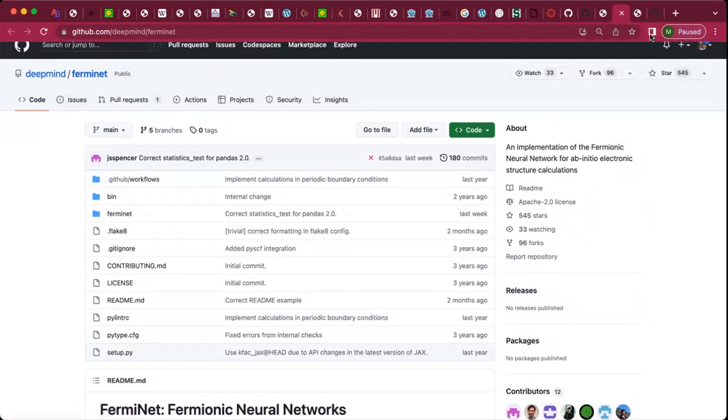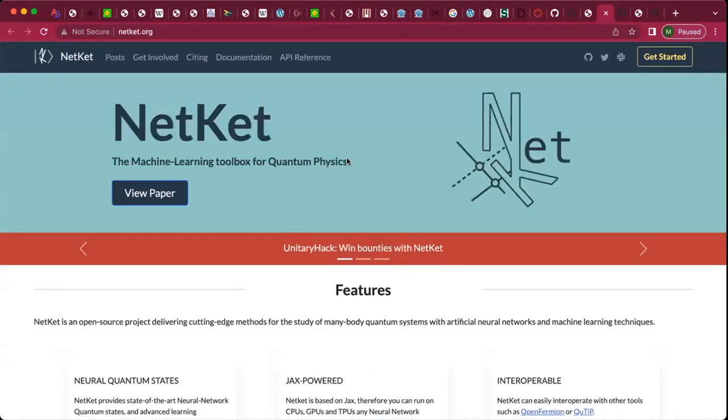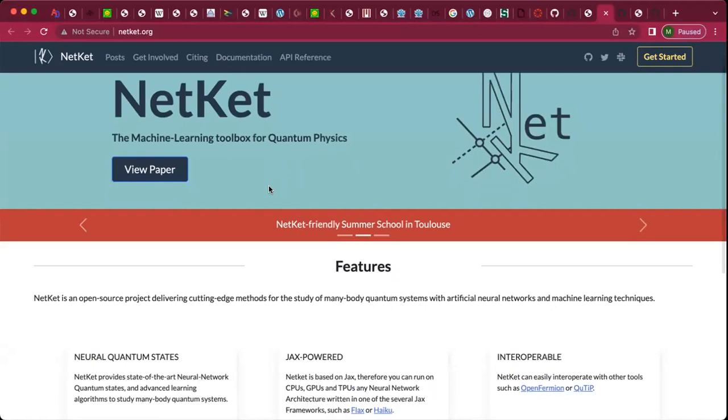So that's one option. Another option: Giuseppe Carleo, who introduced the Boltzmann machines, has developed something called NetKet. This is an alternative to Ferminet, what they call a machine learning toolbox for quantum physics.